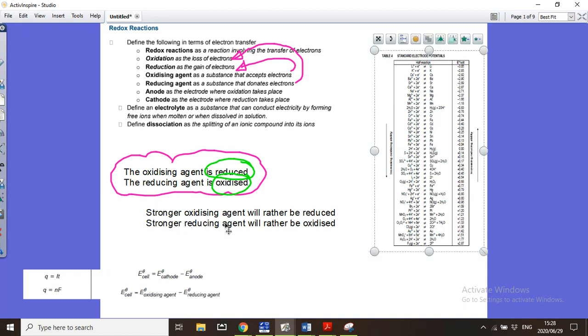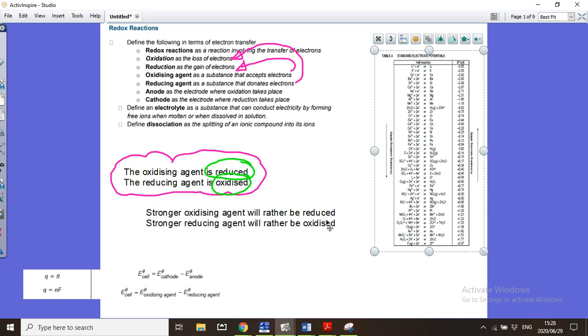And the stronger reducing agent would rather be oxidized. And in an explanation of why something will react rather than something else, you can always use these two sentences, because you're going to have to compare the oxidizing agent strength of two substances, or the reducing agent strength of two substances.